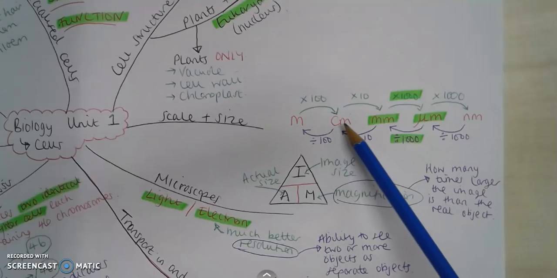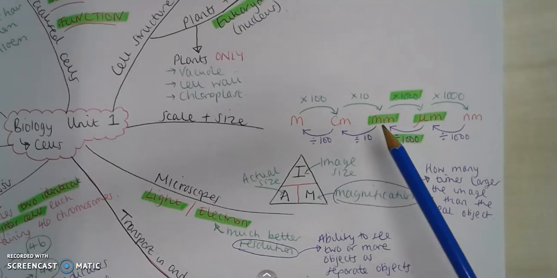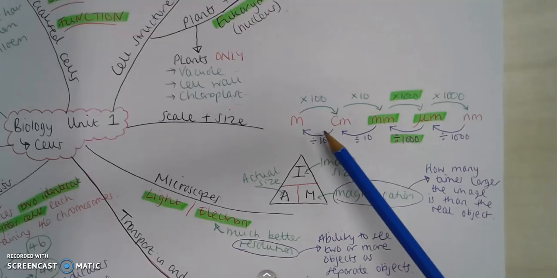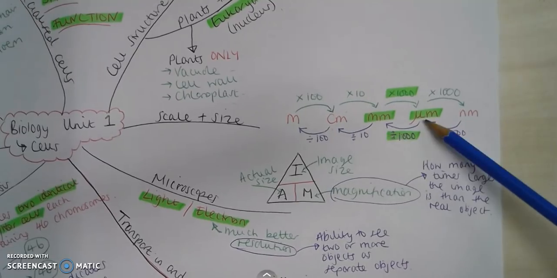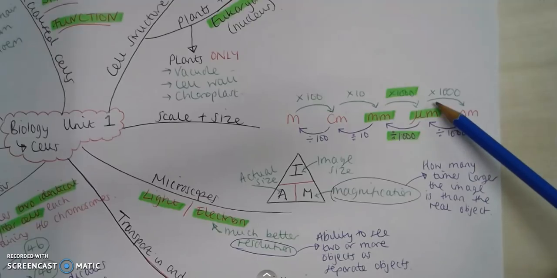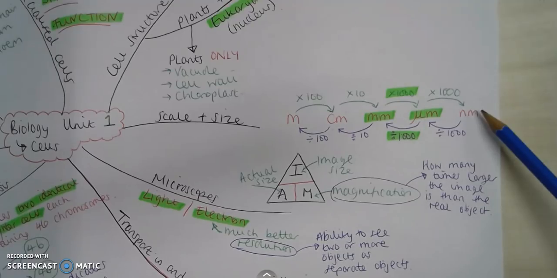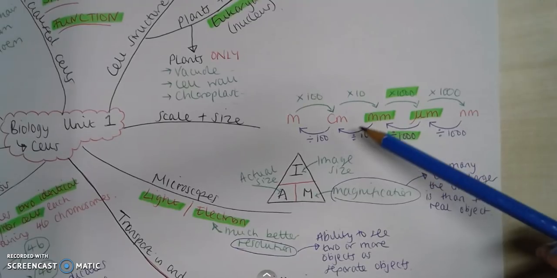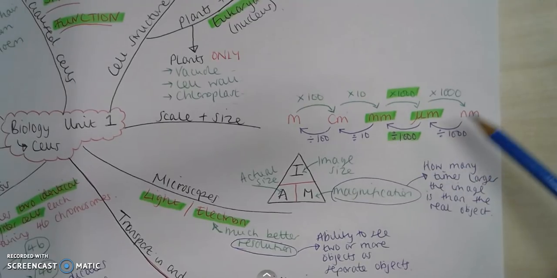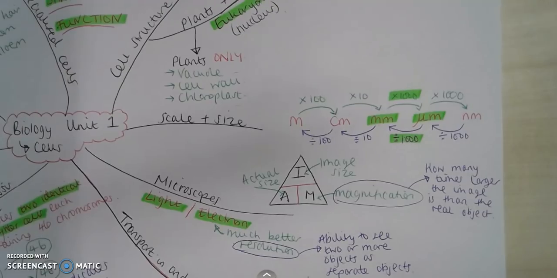To go from centimetres to millimetres, you need to multiply by 10, because there's 10 millimetres in every centimetre. To go from millimetres to micrometres, it's multiplied by 1,000, and from micrometres to nanometres, it's multiplied by 1,000 as well. Obviously, if you're going the other way, you divide by the same value, so you can see that on the diagram there.